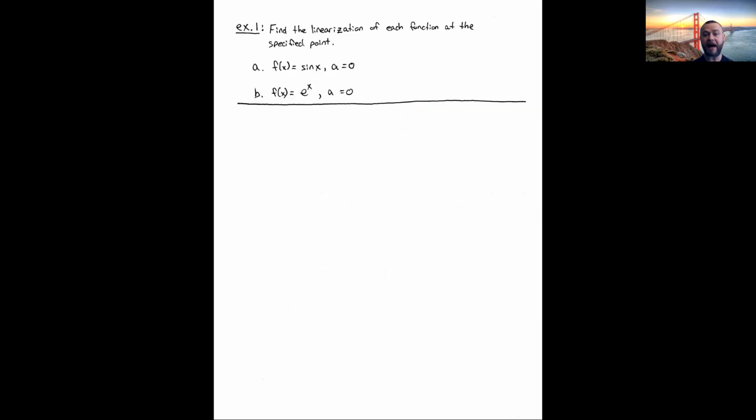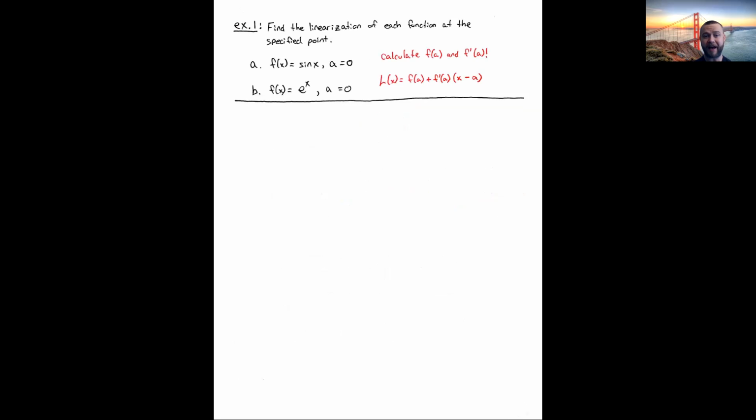Okay, so let's take a look at some basic examples. We're just asked to calculate the linearization given a function and an x value. These are plug and chug problems. We need to find two values. We need to calculate f of a, a y value, and then we need to calculate f prime of a, a derivative. Recall, derivatives represent slopes of tangent lines.